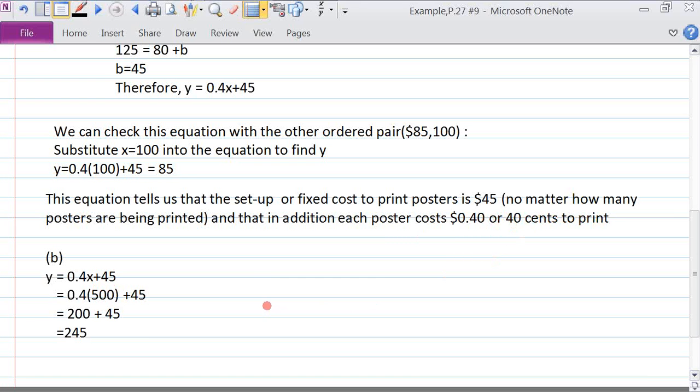So you could do this in your head and say, well, I've got 500 posters to print, so 500 times 40 cents gives me 200, and then I need $45 as my fixed cost, or just to set up the machine, so I get a total of 245. So you could figure it out in your head from the information that you're given, or you could compute the number from this equation here.